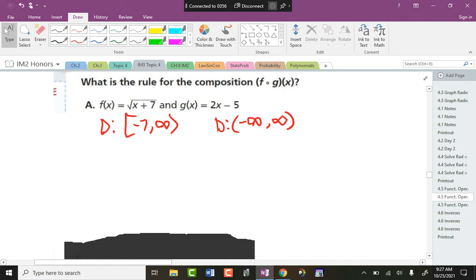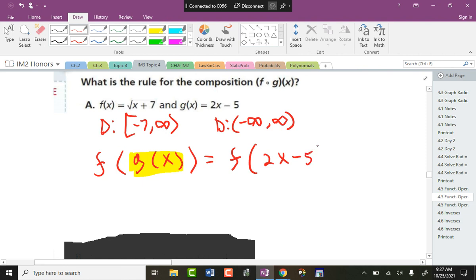Okay, so what's f of g of x? This is what we want to write first. f of g of x. And then the very first thing that we do, this is just the name. We're going to replace that name with its functional definition for this particular question. This one says g of x is equal to 2x minus 5. And then what are you supposed to do about that?